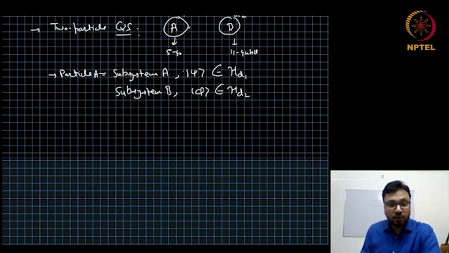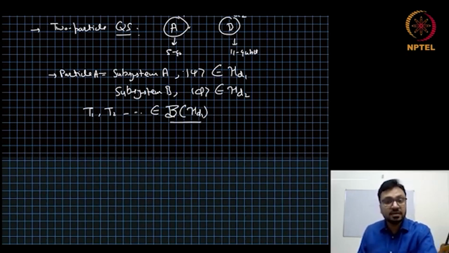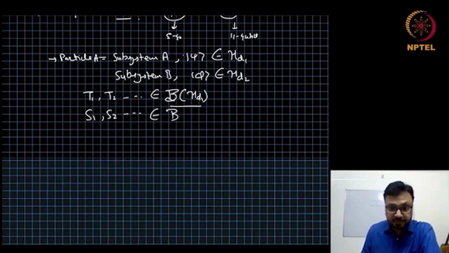We can have operators, let us say T1, T2, acting on the Hilbert space H_D1. So they belong to the set of operators acting on H_D1. Let us represent the set of operators acting on H_D1 by B(H_D1). And S1, S2 are the operators acting on subsystem B, so they belong to the set of operators acting on H_D2.